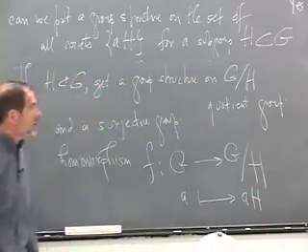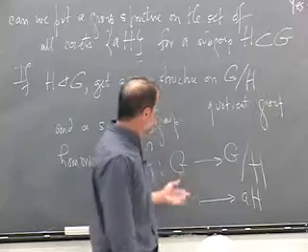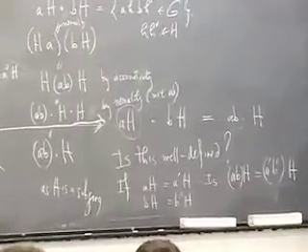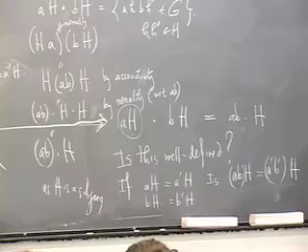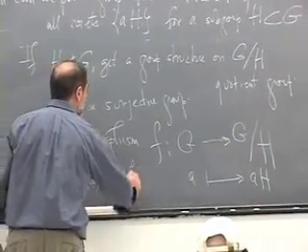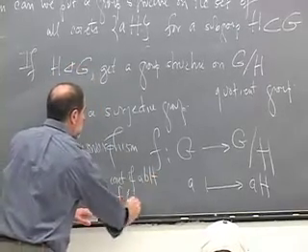That's surjective because every coset is the coset of something. And it's a homomorphism because f of a times f of b is the coset of abH, which is f of ab.